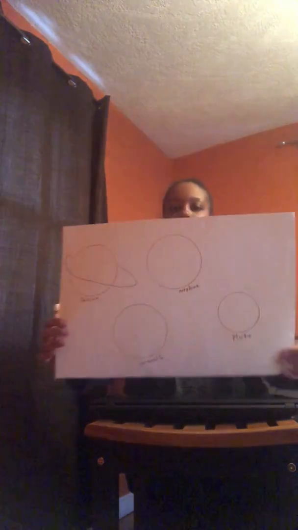It's a dwarf planet. It's a small planet. It's not really considered part of the planets anymore, but it's far, far from the sun. And I'm going to write Pluto, P-L-U-T-O. Pluto.